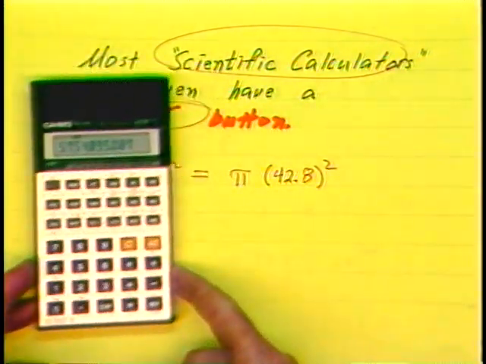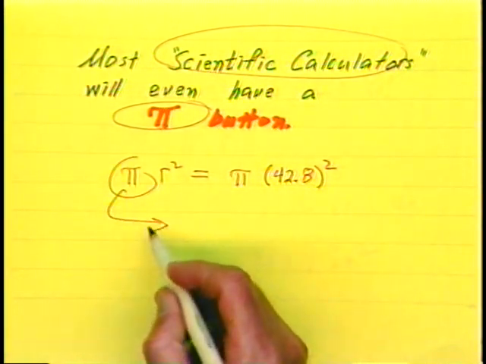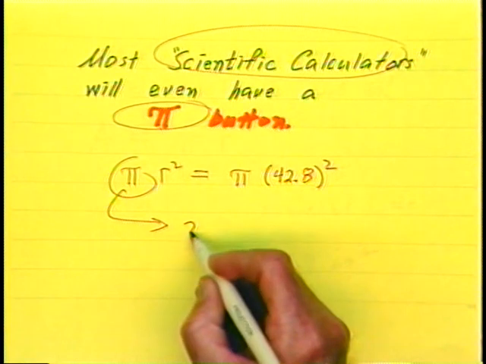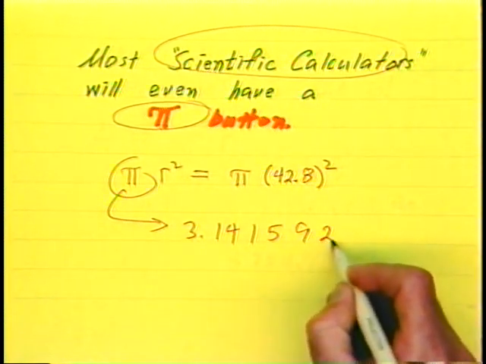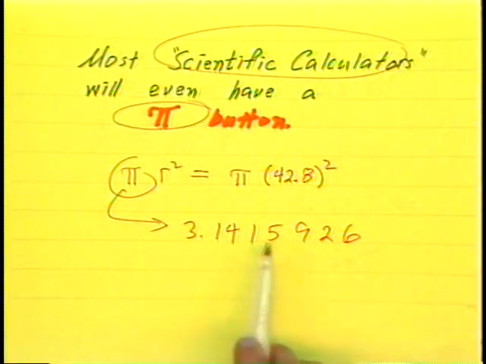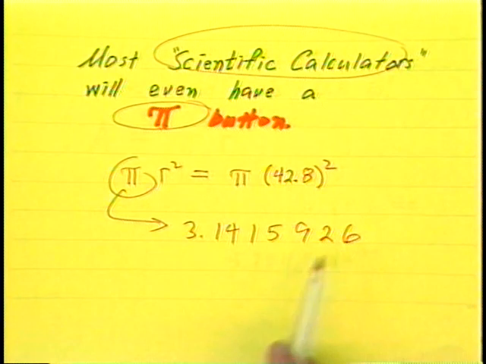If it doesn't, then of course you'd have to somehow remember the value of that pi. 3.141596 is more places of accuracy than you normally would use in most areas. Do you recall in the last lesson the key sentence we used to help remember this?